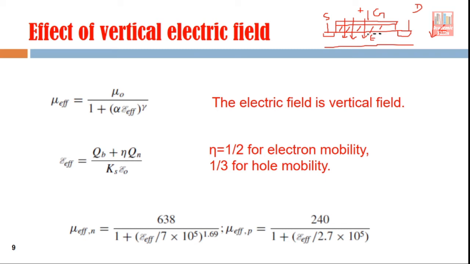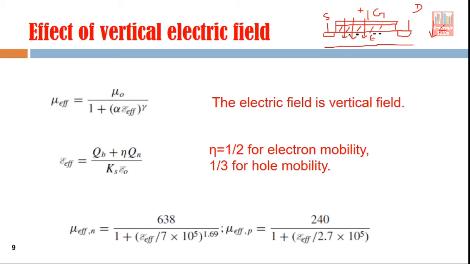So the electrons are present here. If this electric field becomes strong by increasing the gate voltage, these carriers will be attracted more towards the interface. And if they go more towards the interface, different kinds of scattering mechanisms will come into existence near the interface.